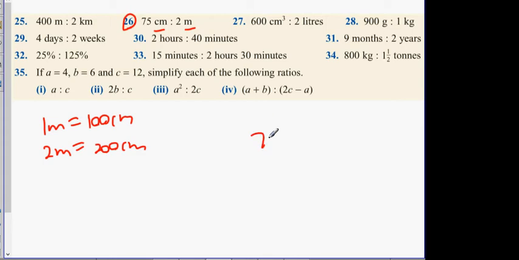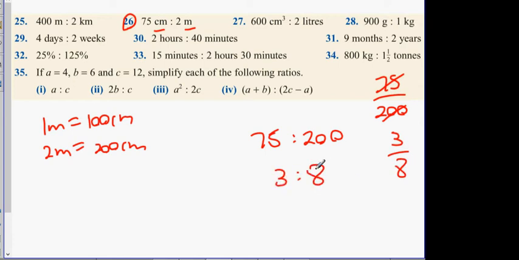So it's going to be 75 is to 200. Then you're going to do 75 divided by 200. Think of a number that will divide into both. 25. 25 goes into the top 3 times and into the bottom 8 times. It's a ratio of 3 is to 8.